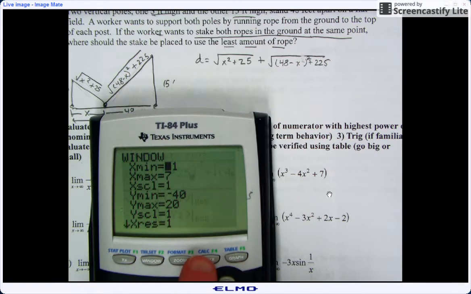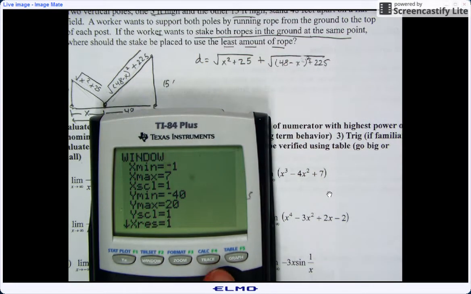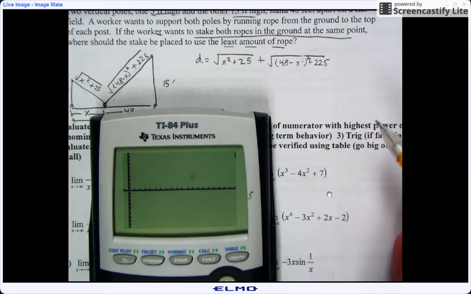So I'm going to make my window bigger because, I mean, these are 48 feet apart. So I'm going to make my x's go bigger. I know I can't have a negative distance. So I'm going to make my x go to 20. See if we get to see some graph there. Nothing.